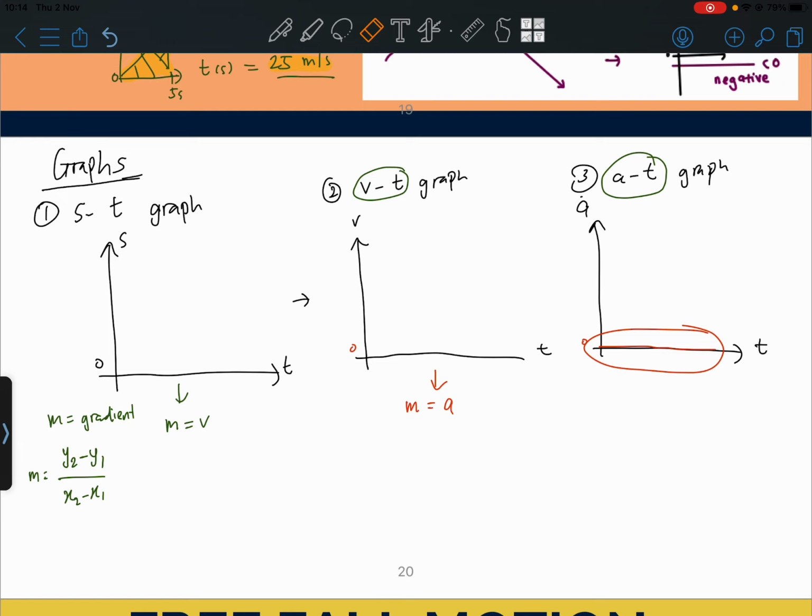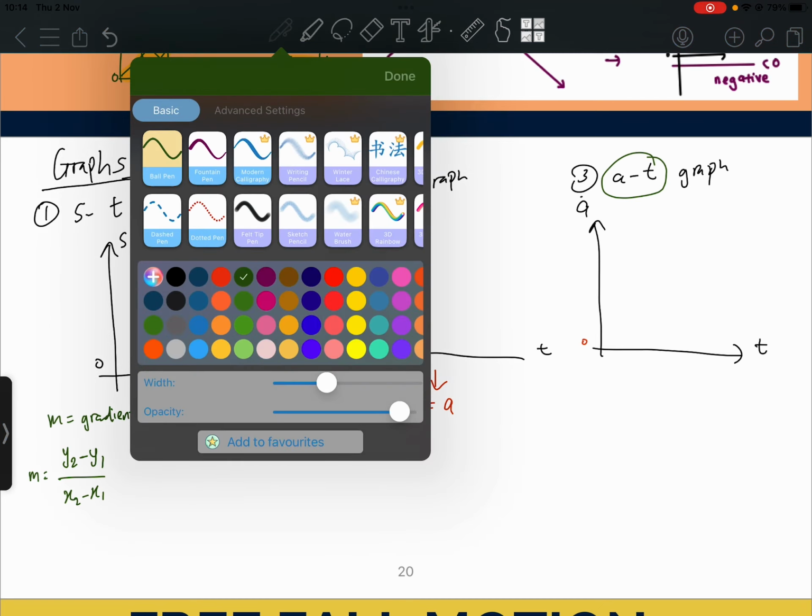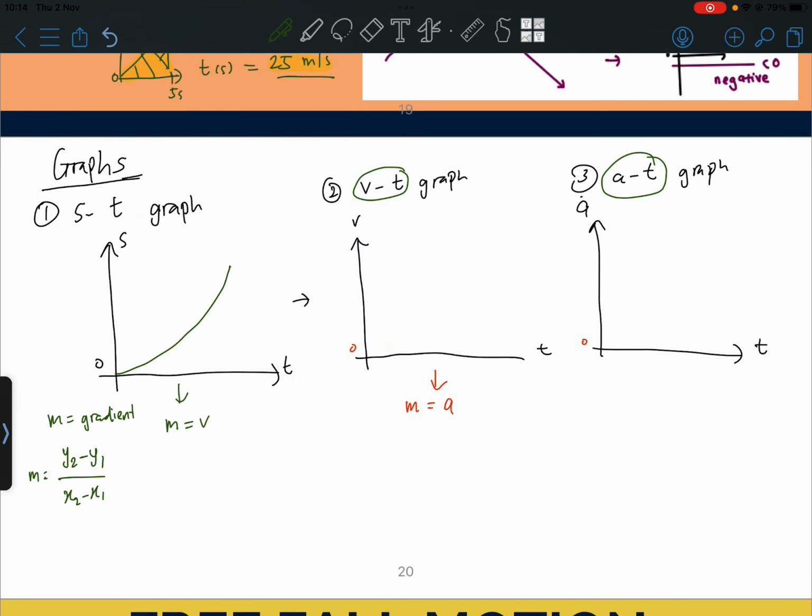So you have a curve. It will no longer be like this; instead it will become a curve. So we have a curve like this. The curve is increasing, which means that the velocity is not constant. Why? Because we have a curve over here, so the gradient from there and the gradient to there is not the same.